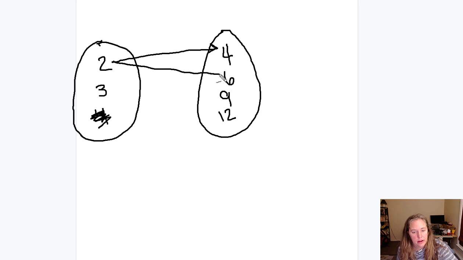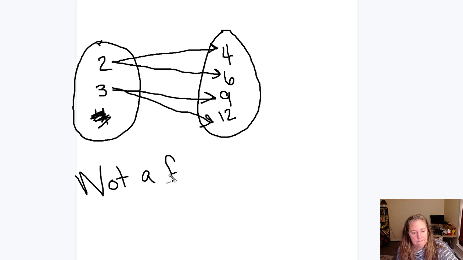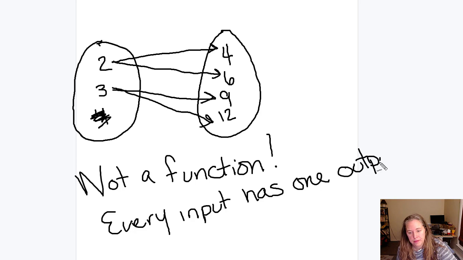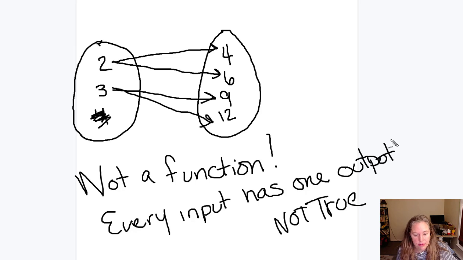This is not a function because this input has 2 outputs. We're looking for every input to have 1 output. And that is not true here. So that is not a function.